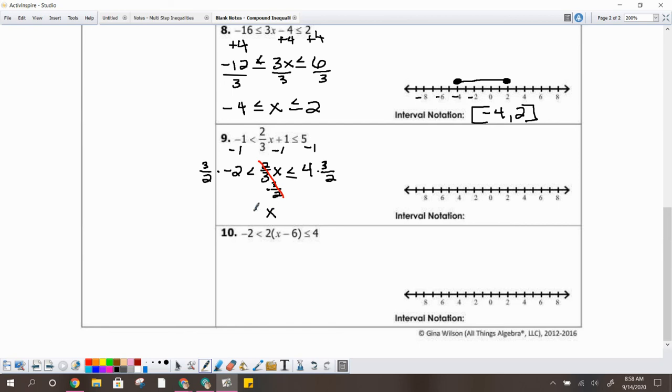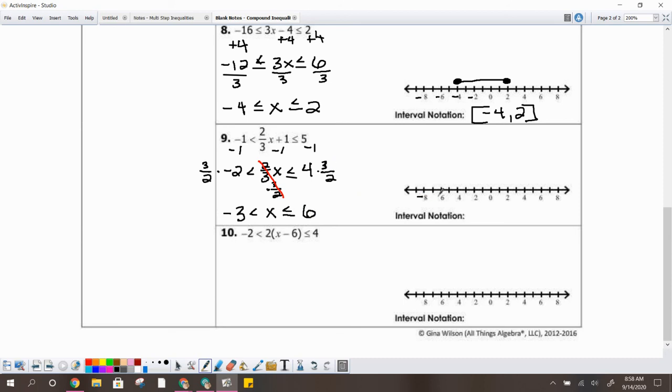And that's a positive we're multiplying by, so we keep the signs the same. And then 3/2 times -2 is going to be -3, because 3 times -2 is -6, and -6 divided by 2 is -3. Over here, 4 times 3 is 12, and 12 divided by 2 is 6.